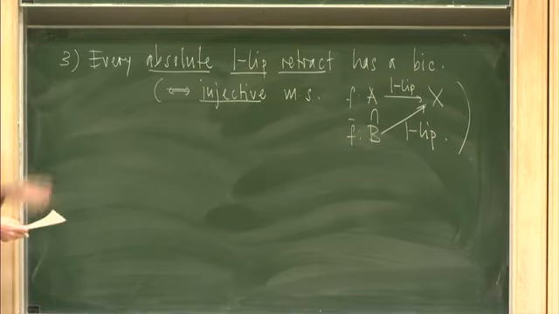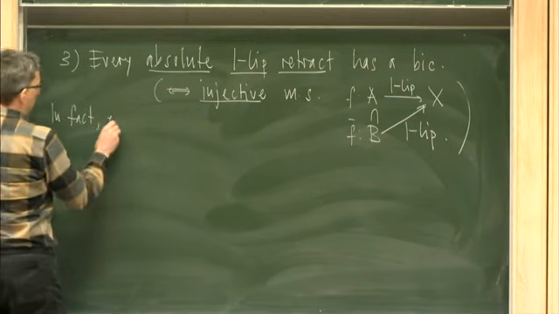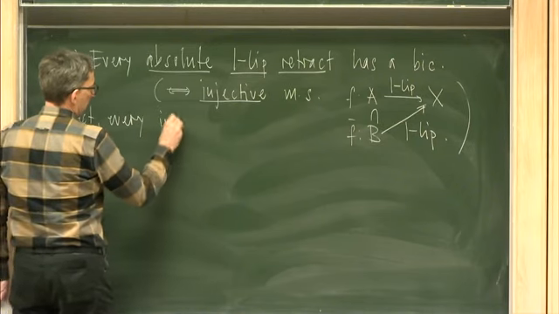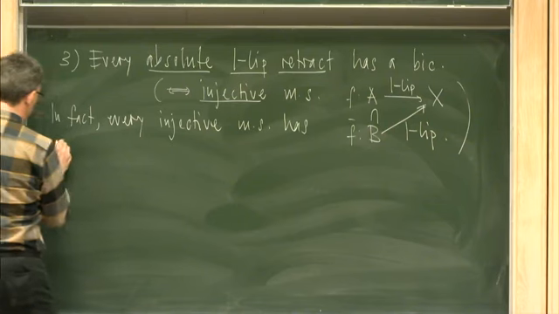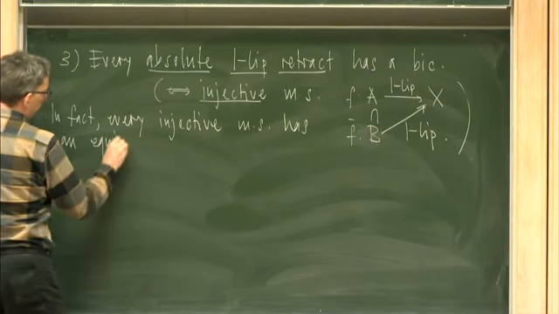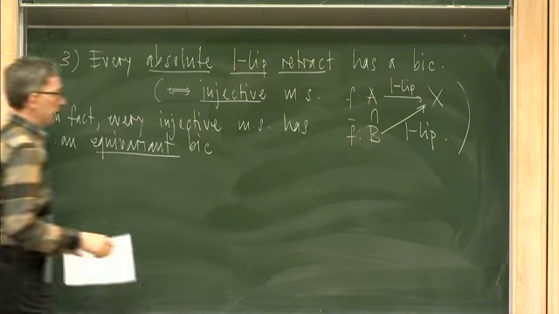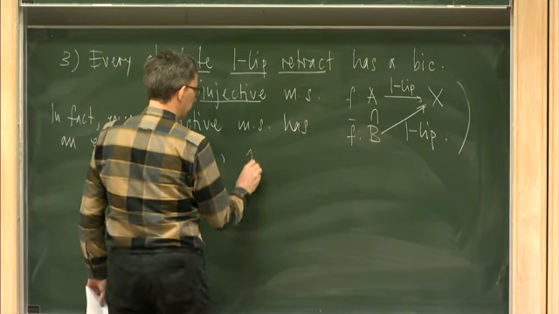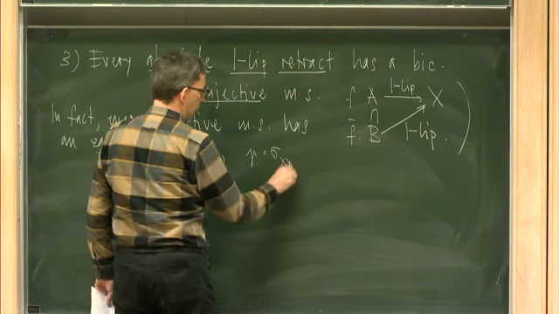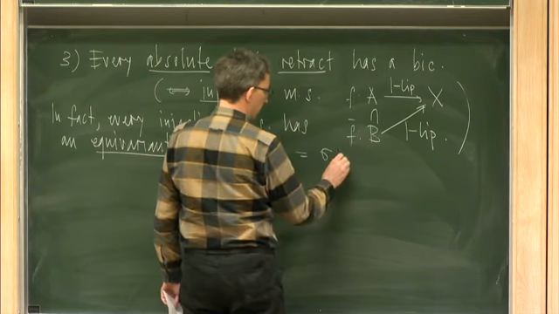So we know that every injective metric space has a bicombing. There is a stronger result. In fact, every injective metric space has an equivariant bicombing. So this means that for all isometries gamma, if we map one of these geodesics by the isometry gamma, then of course we get the geodesic connecting gamma x and gamma y.